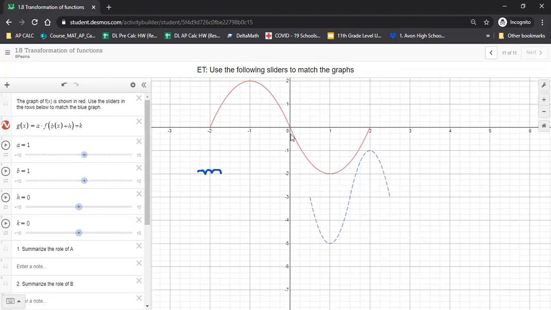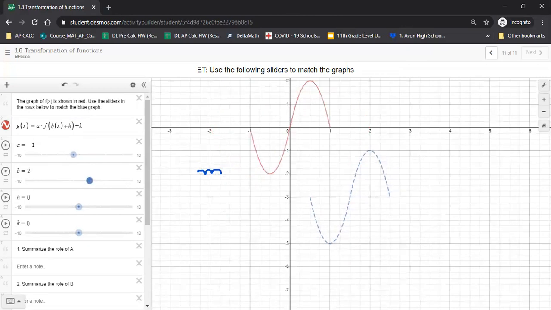I can see that I need to match it to this dotted blue line. The first thing I want to do is see how I can change my A. That looks very, very tiny, but it did help me see that I can reflect this a certain way, so I can match up perfectly. So I got a negative A.